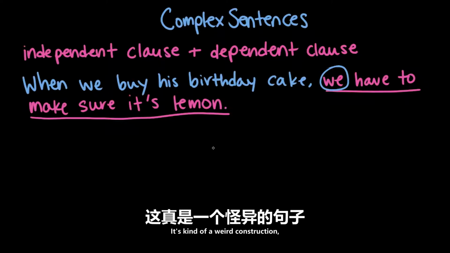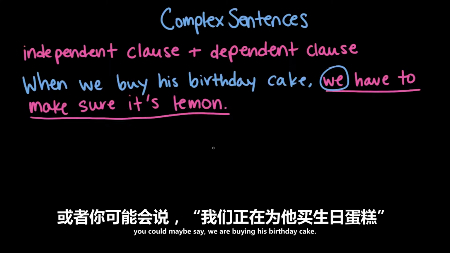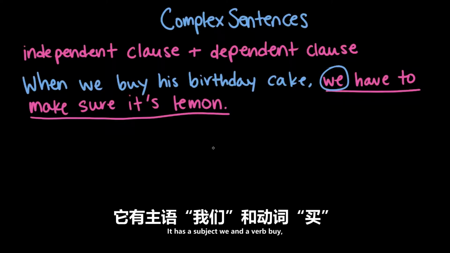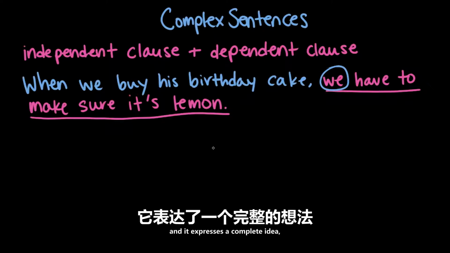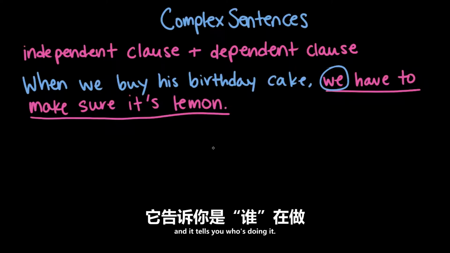It's kind of a weird construction. I don't know that I would say that. You could maybe say, we are buying his birthday cake, right? But we buy his birthday cake still works as a sentence. It has a subject, we, and a verb, buy, and it expresses a complete idea. It's an action that's happening, and it tells you who's doing it.